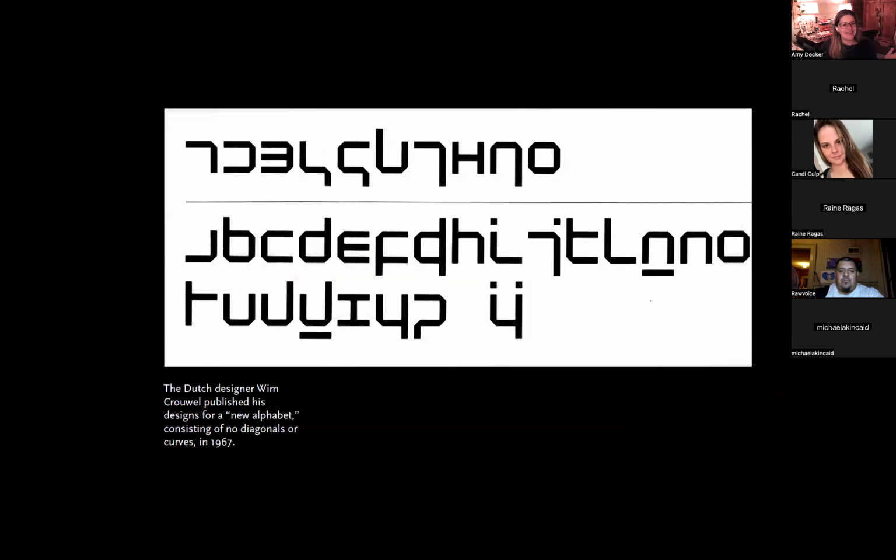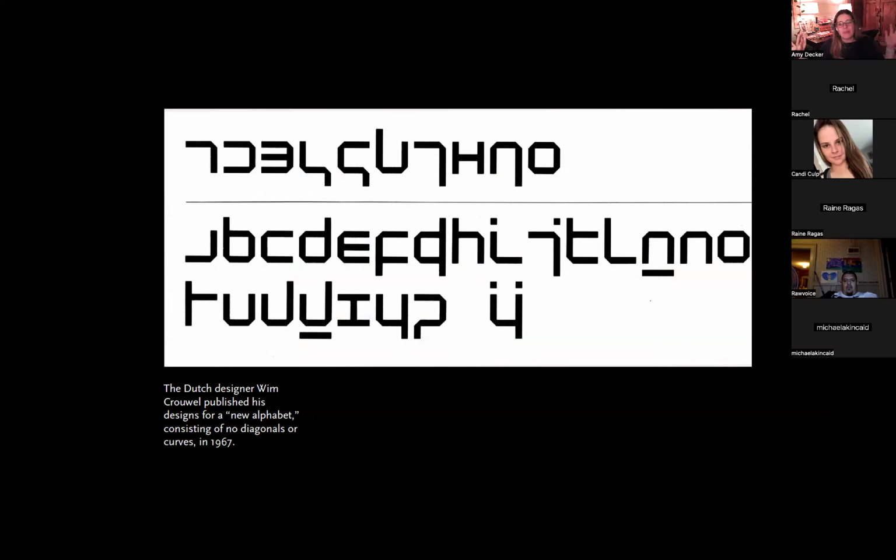All right, moving on. The Dutch designer Wim Crouwel published designs for a new alphabet consisting of no diagonals or curves in 1967. The reason he did that is because everything was turning digital. We got our first computers in the late 1960s. They were taking up full rooms.